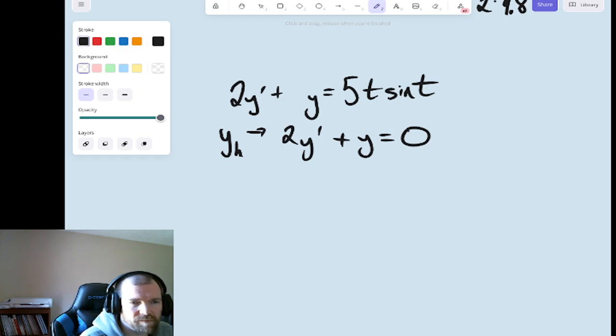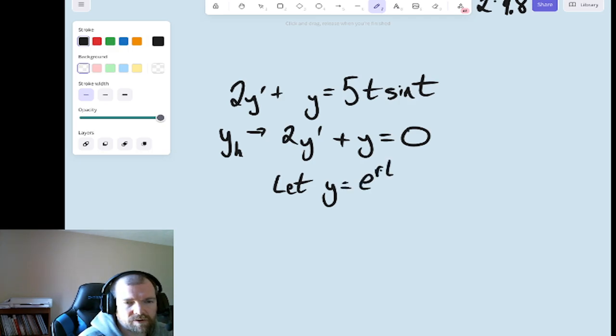If we assume that y is equal to some e to the rt, then y prime is going to be equal to r times e to the rt.